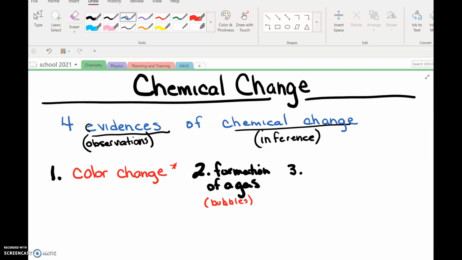Another evidence of chemical change we saw in the bonus demonstration, if you watched that, with the strip of magnesium metal. And you also saw it with white powder with clear liquid where we had a huge amount of steam coming off, and that created a change in energy.